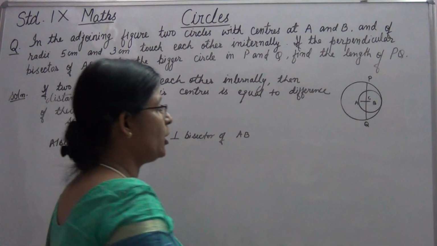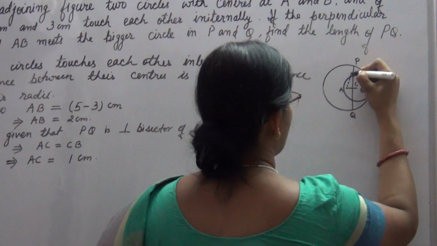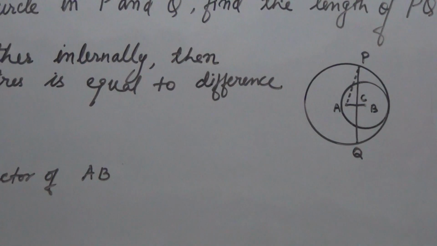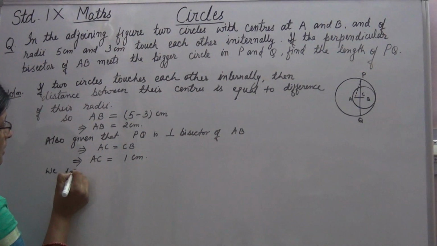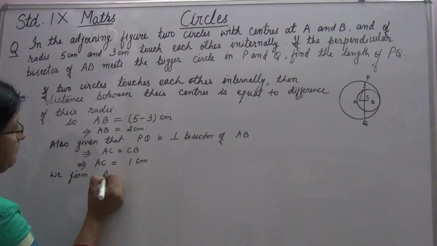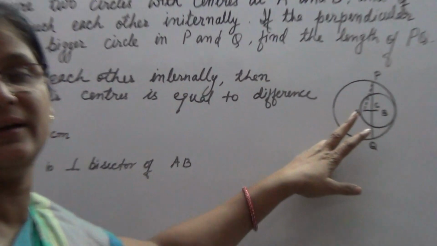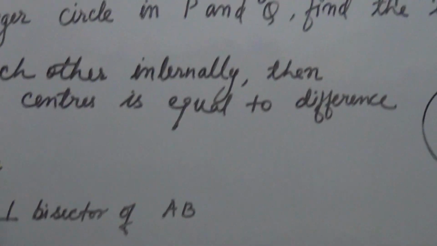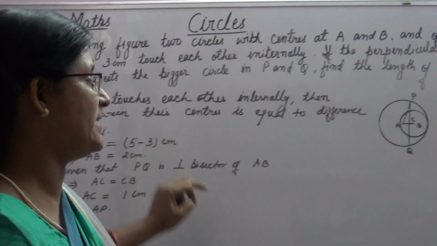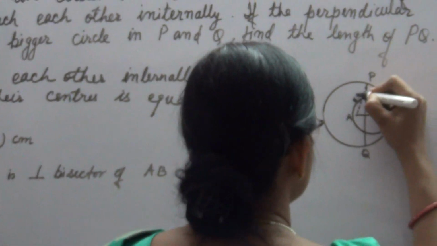Now we need to join this AP. Let us join this. We join AP. Now what is AP? AP is radius of the bigger circle. So what is the radius of bigger circle? It is 5 centimeter. So let us write it here also. It will be easy for us.